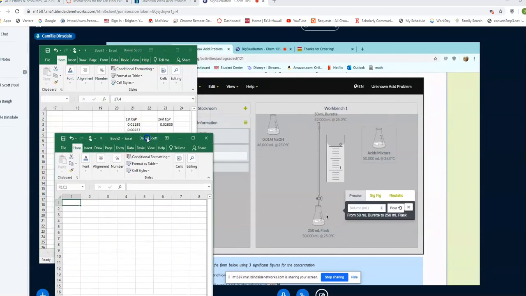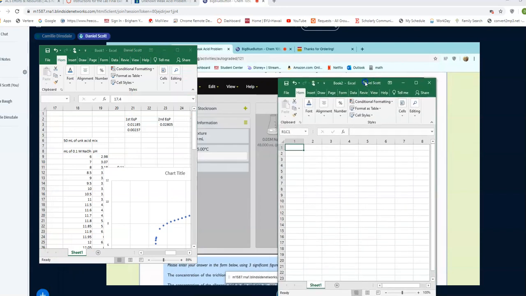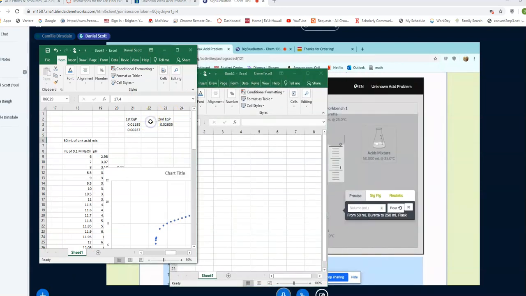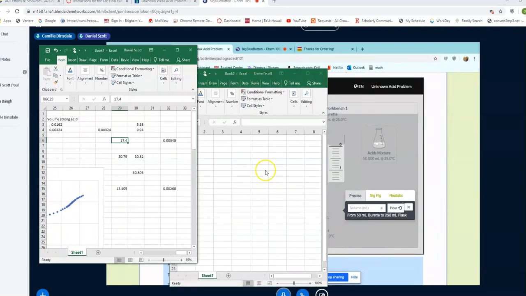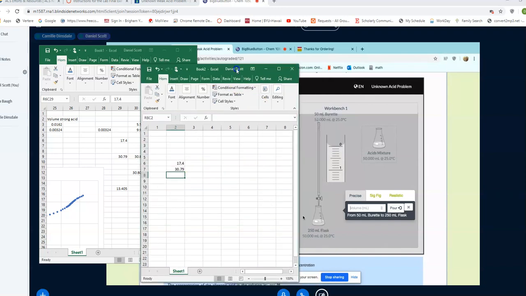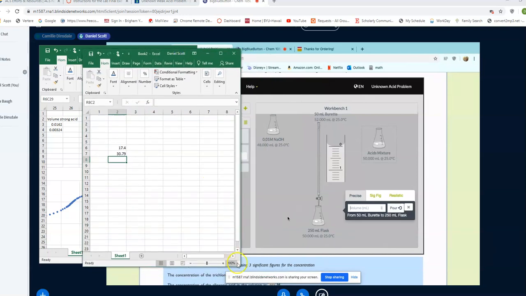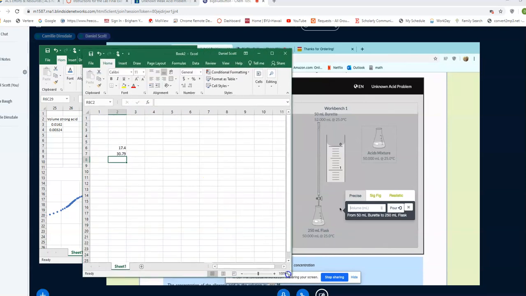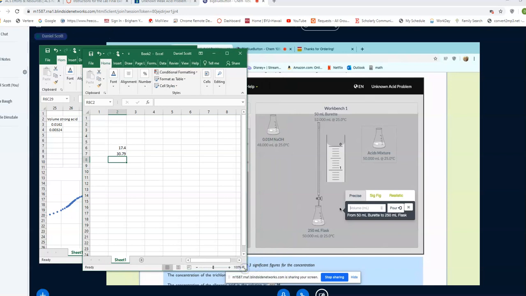All right, so what were our volumes again? Let me write them down here. 17.4 and 30.79. So you might as well go up to 16, and then we'll just add.